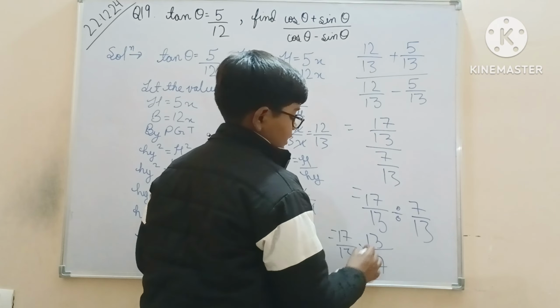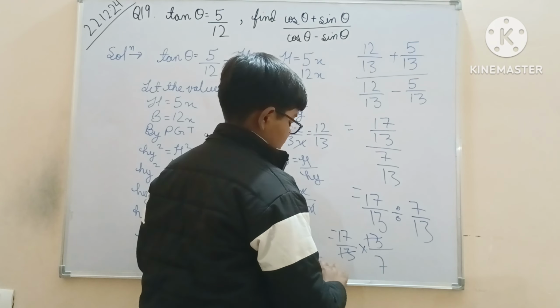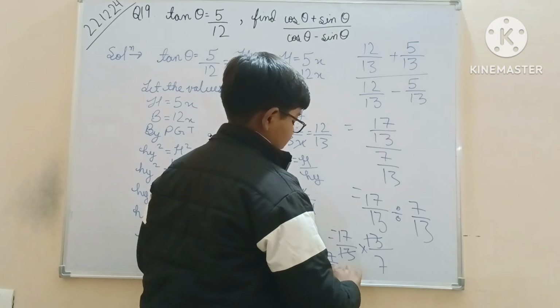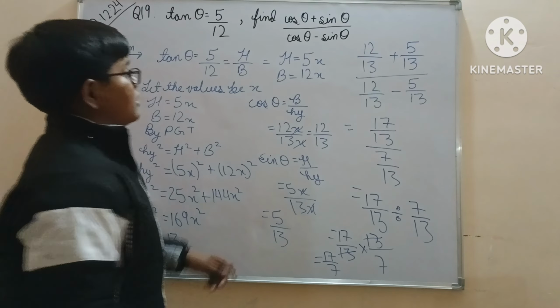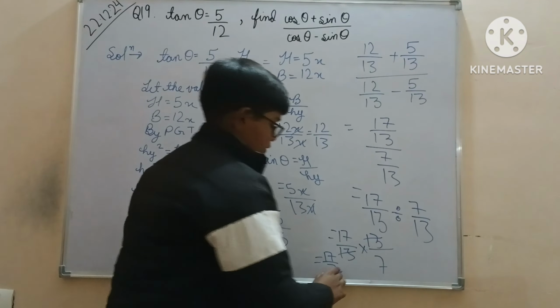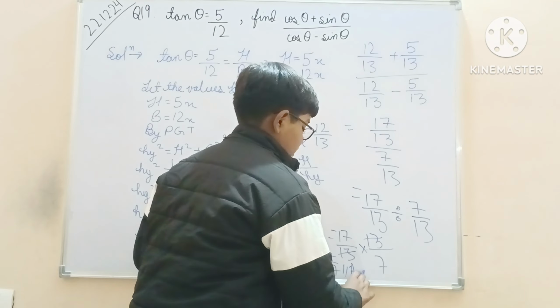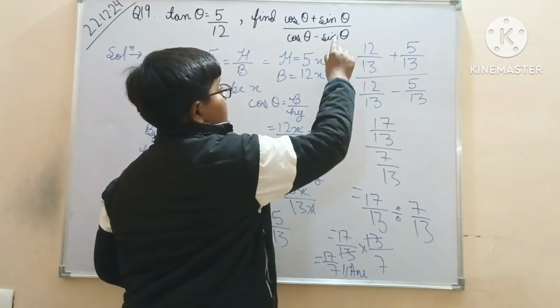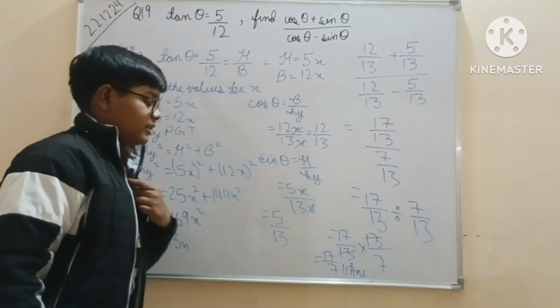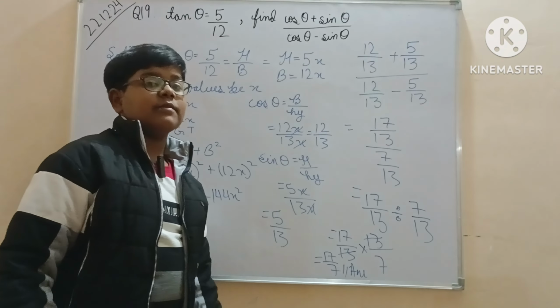Our fraction will become this, and 13 will get cancelled and we will get our value as 17 divided by 7. So we have found the value of cos theta plus sin theta divided by cos theta minus sin theta as 17 divided by 7.